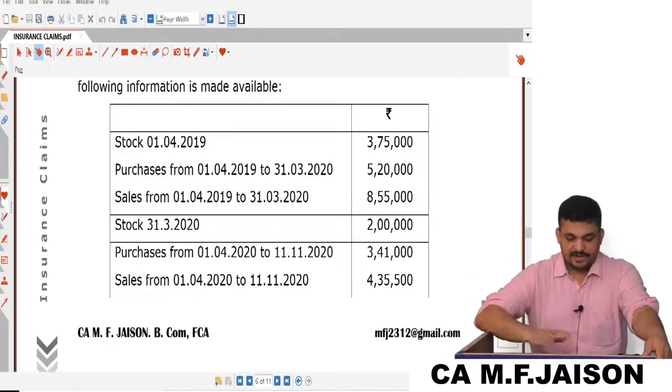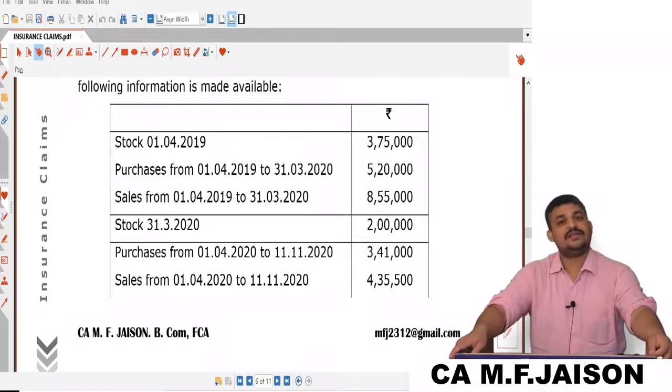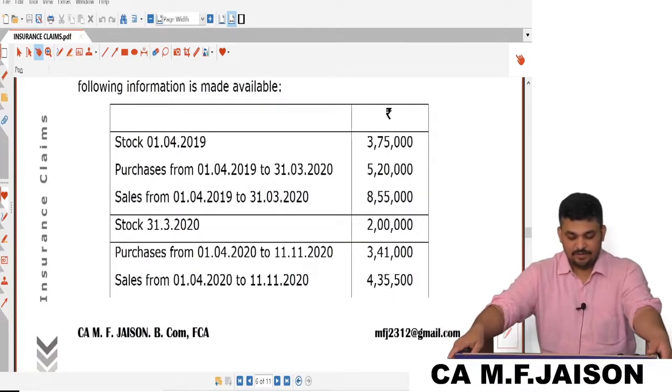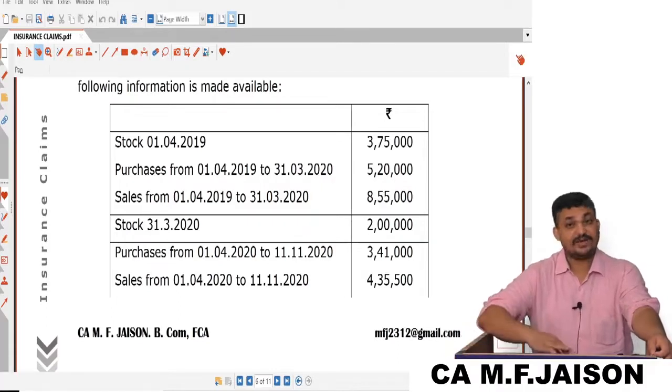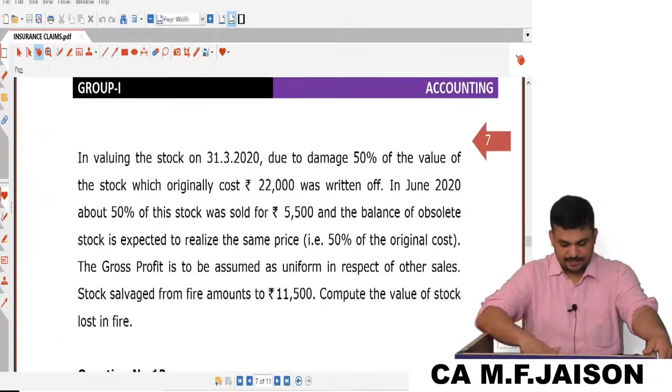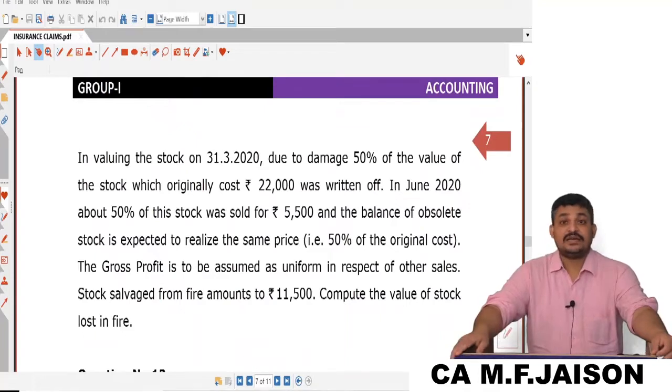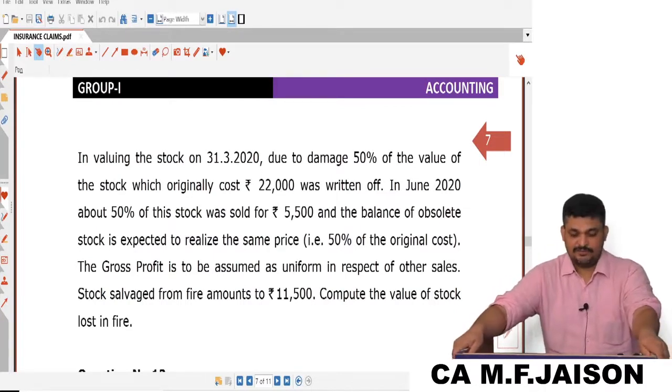Let's see. 1/4/19 stock given now. What is that? Previous year opening stock. Purchases of previous year, sales of previous year, closing stock of previous year given. Then purchase and sales of current year given. In valuing the stock on 31st March 2020, which means previous year closing stock, due to damage, 50% of the value of the stock, which was originally costing rupees 22,000, was written off.